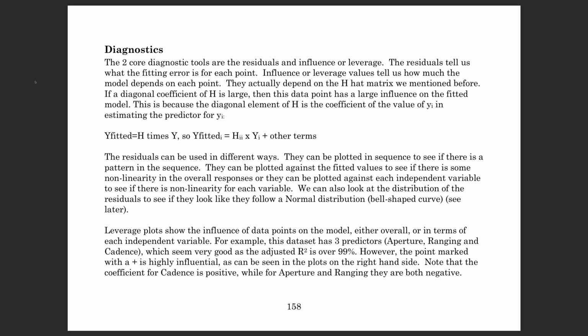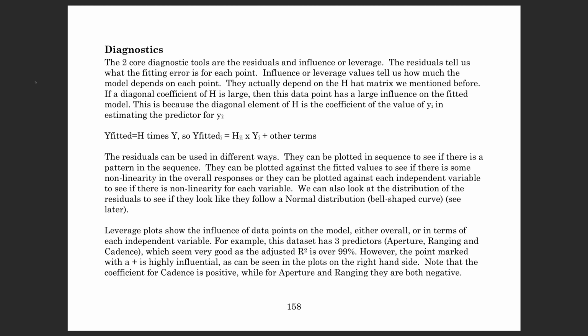So the two core diagnostic tools are the residuals, which we've already met before, and influence or leverage. The residuals are telling us what the fitting error is for each point. Influence or leverage values tell us how much the model depends on each point. It turns out they actually depend on that H hat matrix we mentioned before.